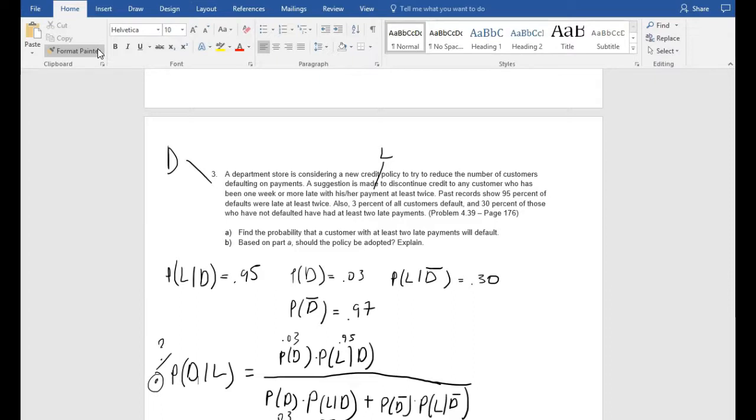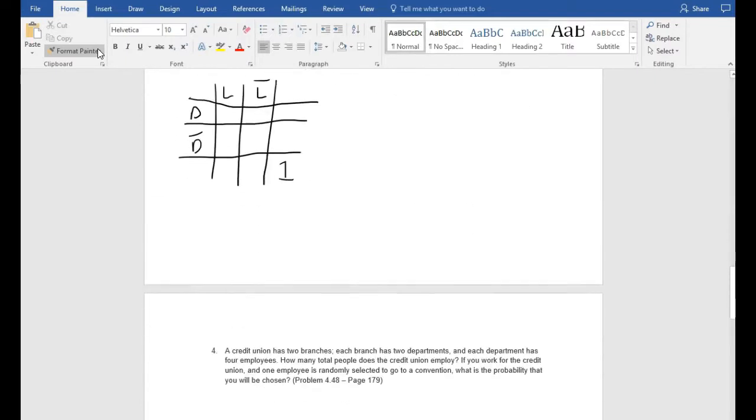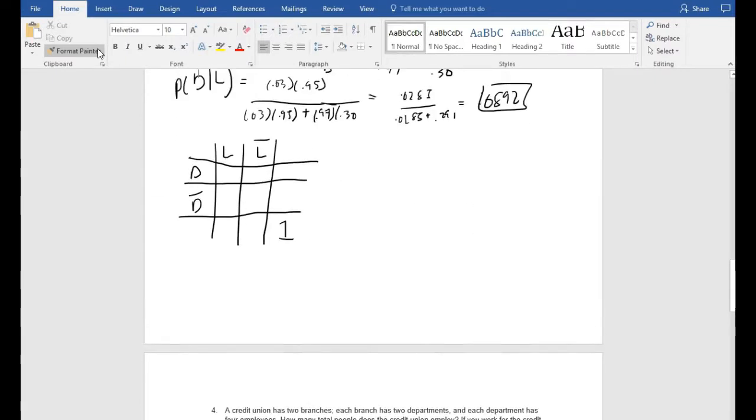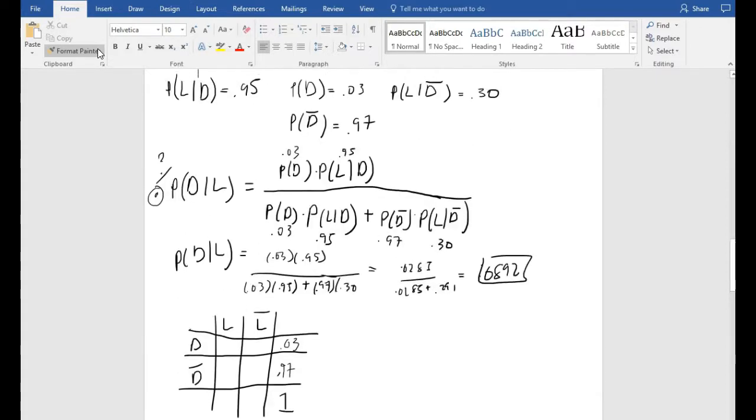So the probability of D is equal to 0.03. So we go over to where the marginal probability is, and that is 0.03. And then we deduced that if we have a total probability of 1 and 0.03 in D, then this is going to be 0.97. And that's what we calculated in the first part there.